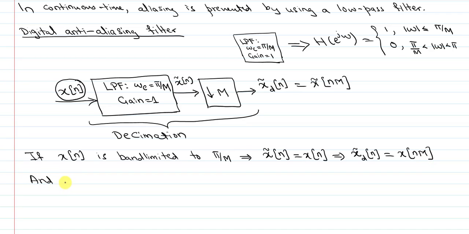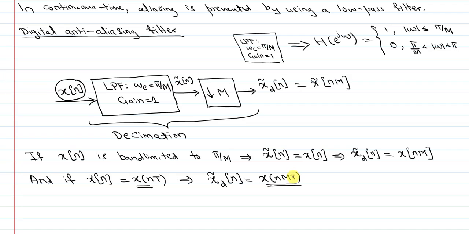And if x[n] actually came by sampling a continuous time signal x_c(t), then in that case x tilde_d[n] will be equal to the samples of your original continuous time signal sampled at a higher sampling time or lower sampling frequency.